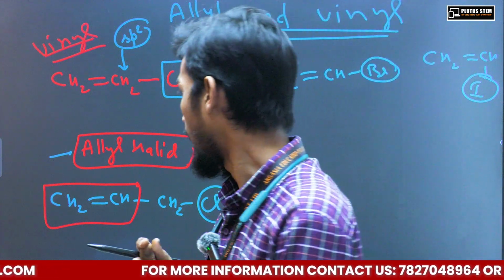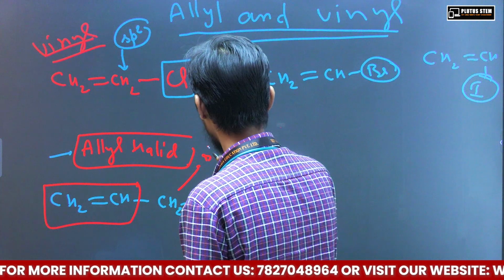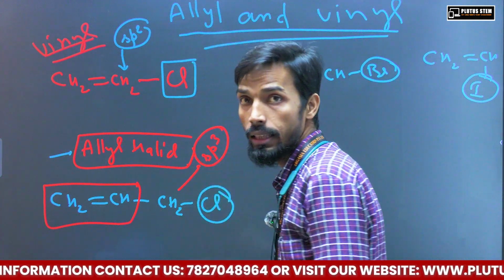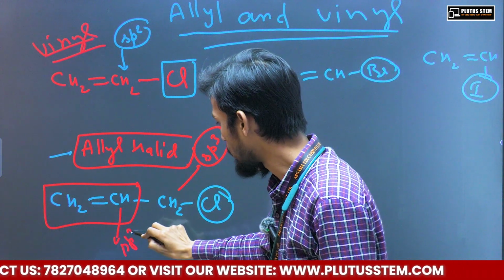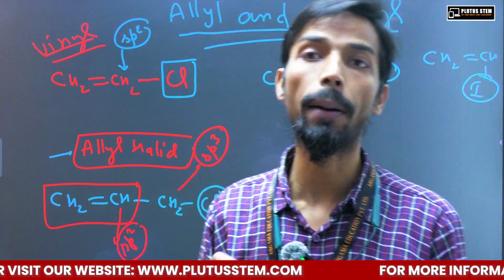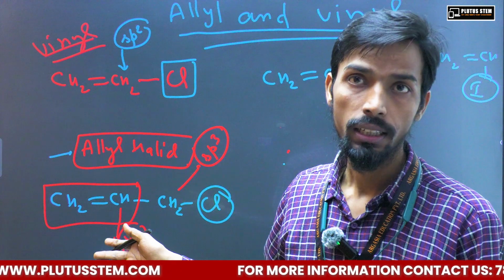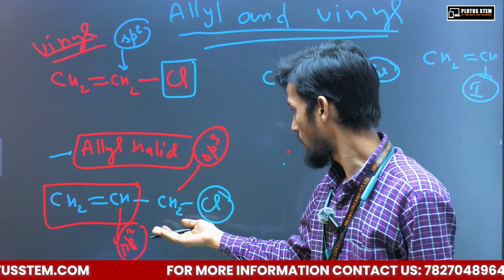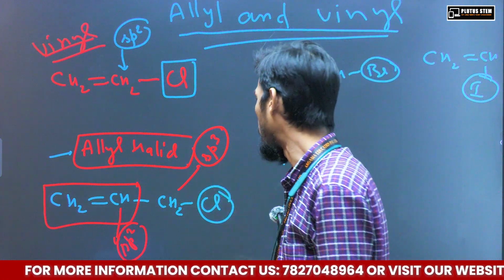But in allylic, we will see one moiety that is sp3 hybridized, and this is sp2 hybridized. The halogen is not directly attached to this sp2 hybridized alkene. There is an intermediate, that is carbon CH2, that is sp3 hybridized.